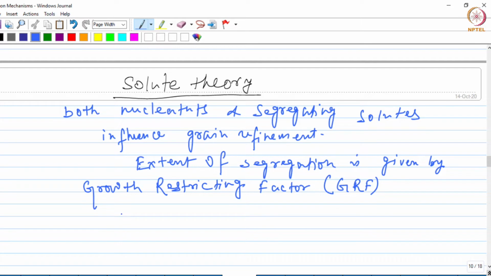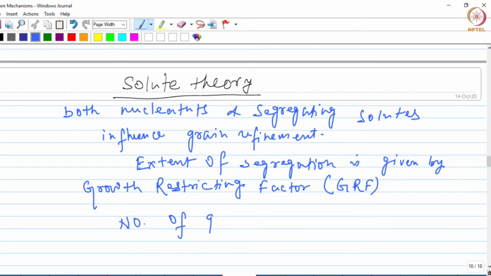So if you see the number of grains per unit volume, which basically is related to the grain size also, that would depend on the number of particles per unit volume. Okay.